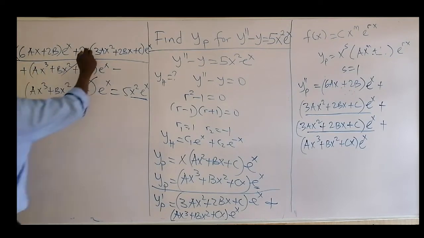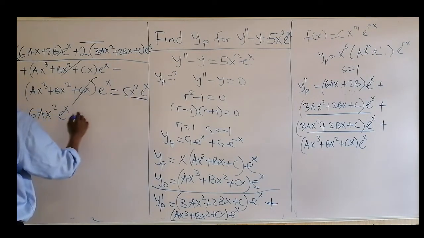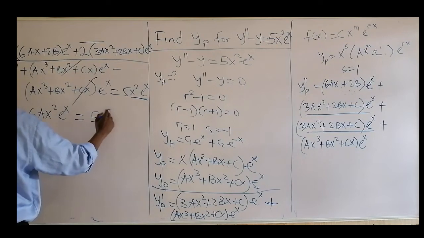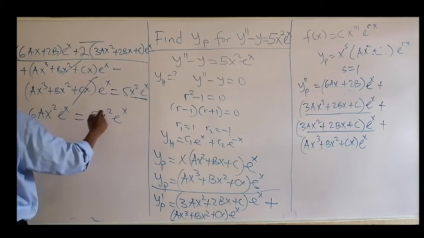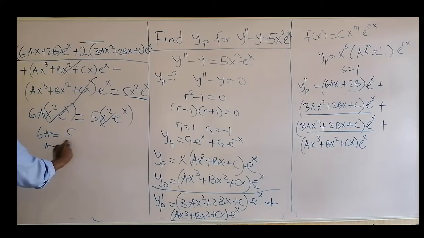If you open that, yeah, that's e^x. So can you equate that to this? If you equate that, 5x squared e^x. Okay, so that one cancels out. 6a equals 5. A is what? 5/6. A is 5/6.